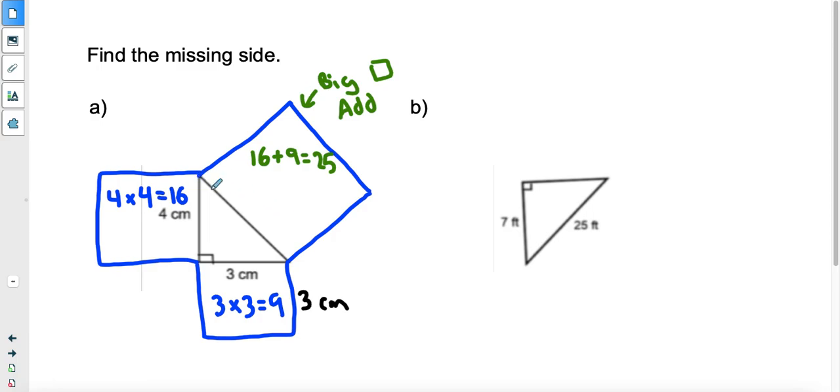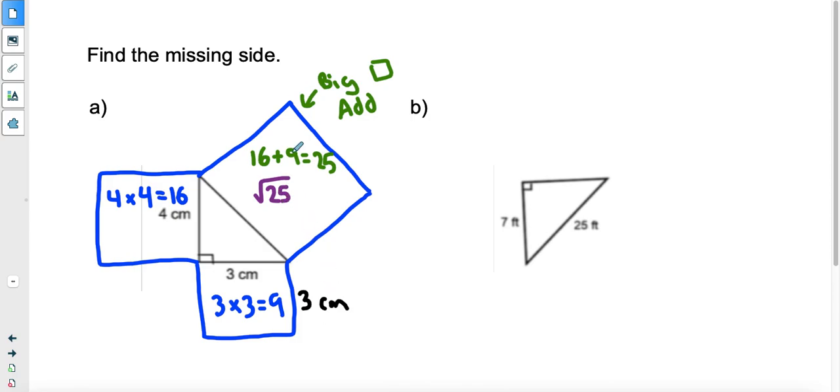Now, to find the missing side of this square, we need to take the square root. So we'll need to take the square root of 25 to find the length of the missing side.